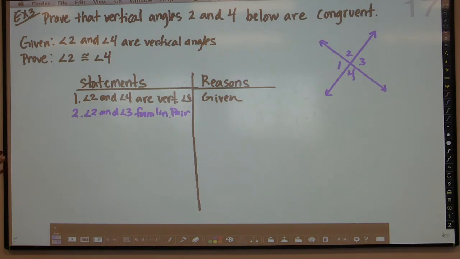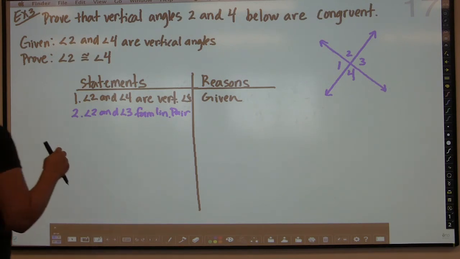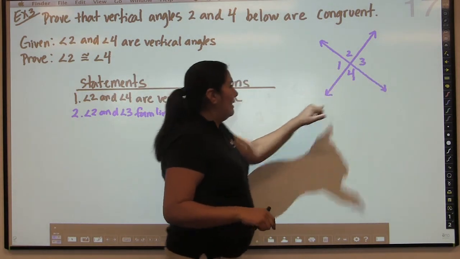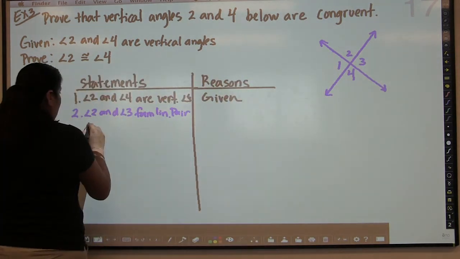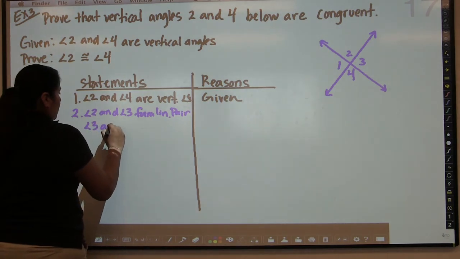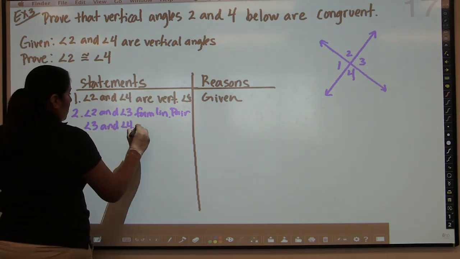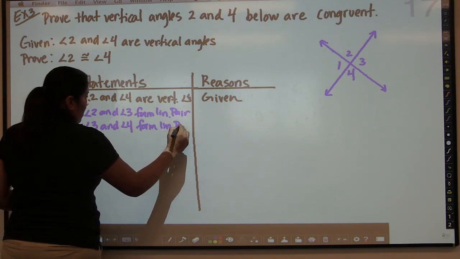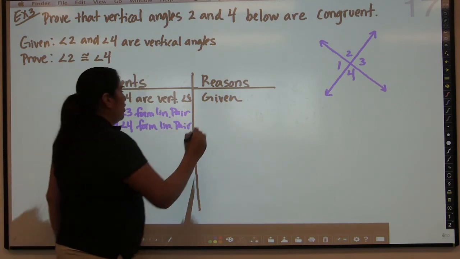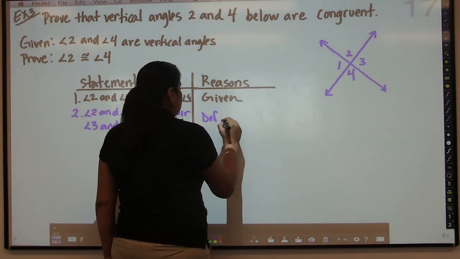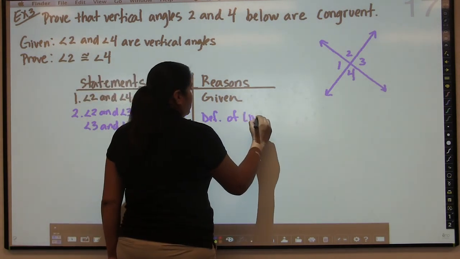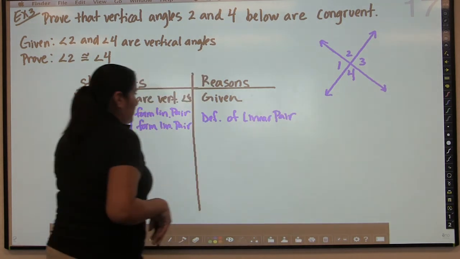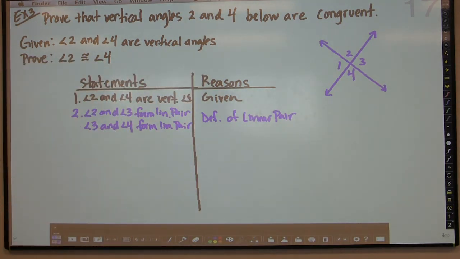But of course, also 3 and 4. So we have 2 and 3, they form a line. 3 and 4 form a line. So we're also going to state here that angle 3 and angle 4 also form a linear pair. And our reason is going to be definition of a linear pair, which we saw the definition for in a previous section. So there we go. That's my step 2.